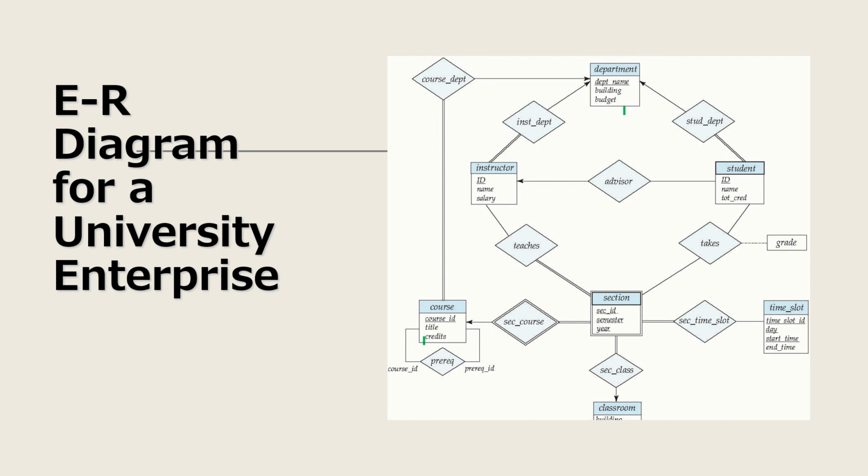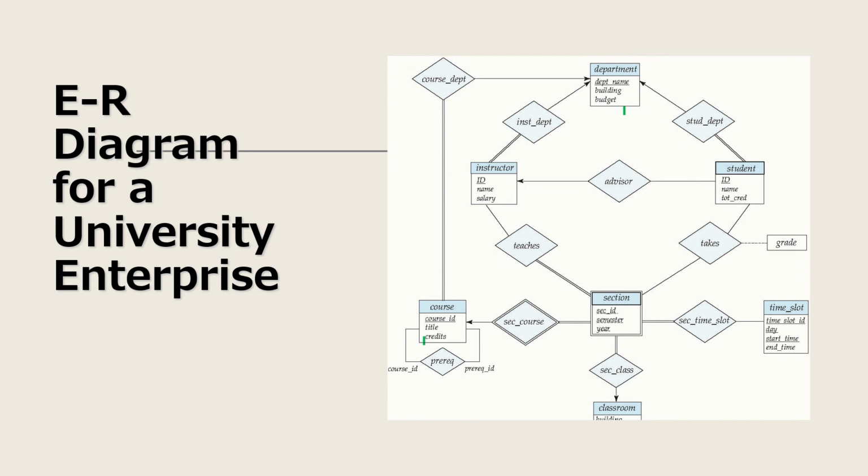Identifying relationship means that the section entity set does not have a primary key. We cannot set a primary key. So here section ID and the other attributes, we are taking this combination as a discriminator, and this will be combined with the course ID in order to get the primary key.